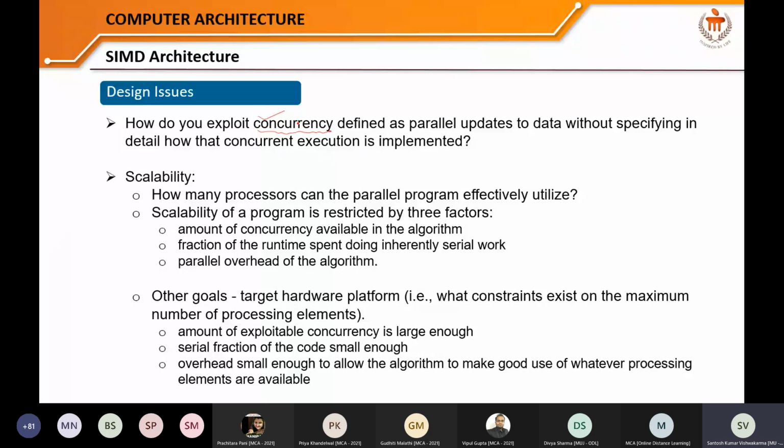So how do we exploit concurrency? It is defined as parallel updates to data, a very important point, without specifying in detail how this concurrent execution is implemented. This is a very important remark that must be answered once we have a solution of parallelism in any of the structures.